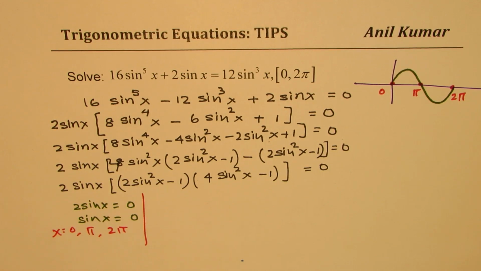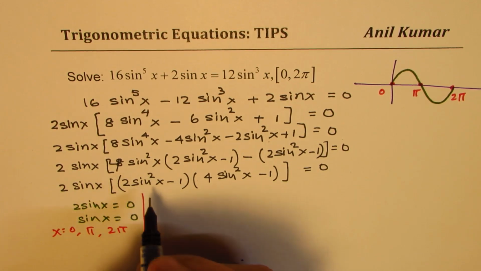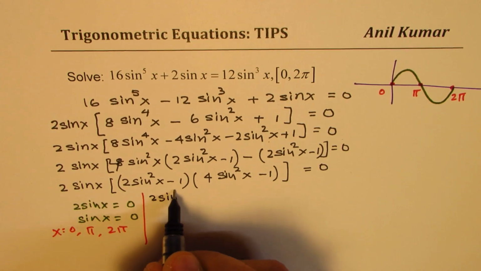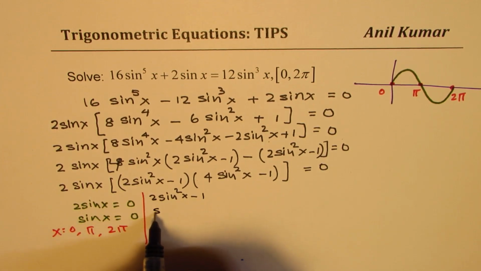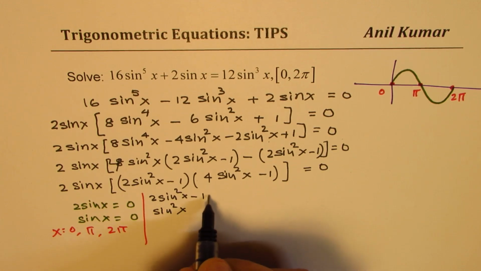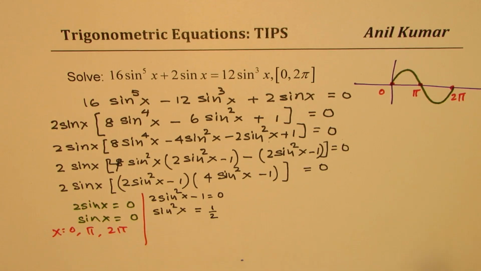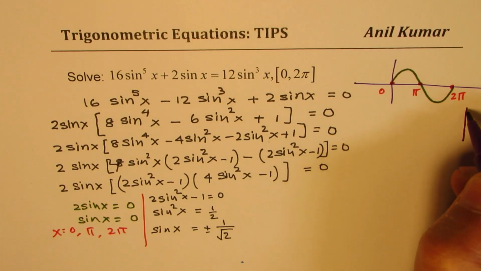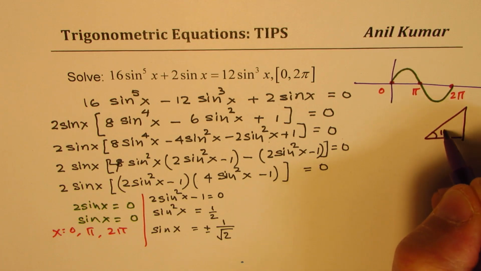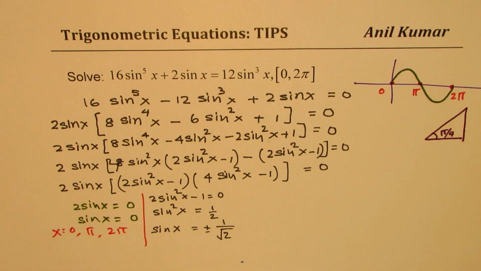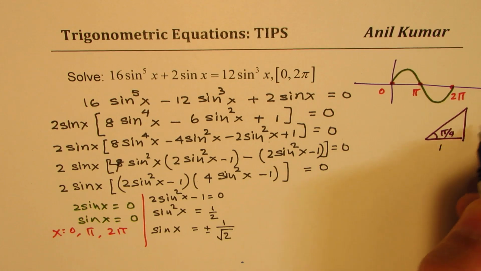Now the next factor here is 2 sine square x minus 1. So let's write this, 2 sine square x minus 1 equals 0, that means sine square x is equal to half, or you can say sine x equals plus minus 1 over square root 2. We could use the special triangle for this solution, which is pi by 4, correct? So if you use this pi by 4 special triangle, then we get 1 over square root 2.